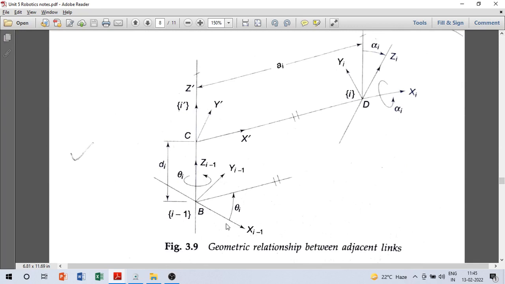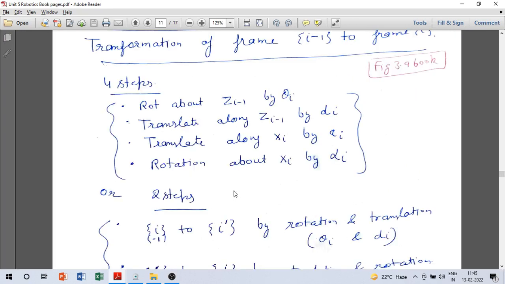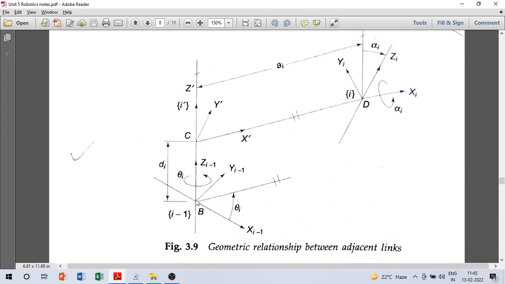You can first think of a rotation by an angle theta i, then a translation by distance di along zi minus 1, like this. So you will reach this point and you'll end up with this coordinate system i dash. It has been rotated by angle theta i and translated by distance di. From i minus 1 you'll end up with i dash.